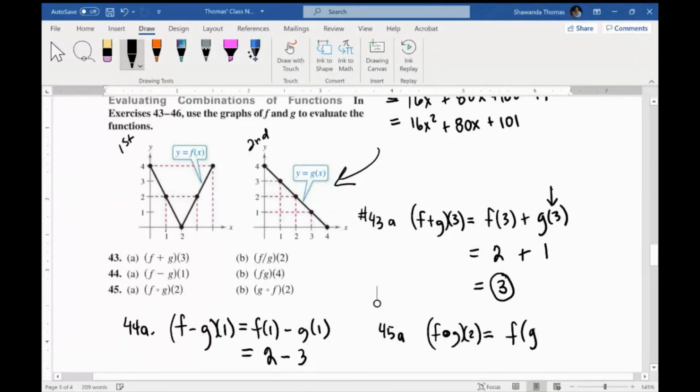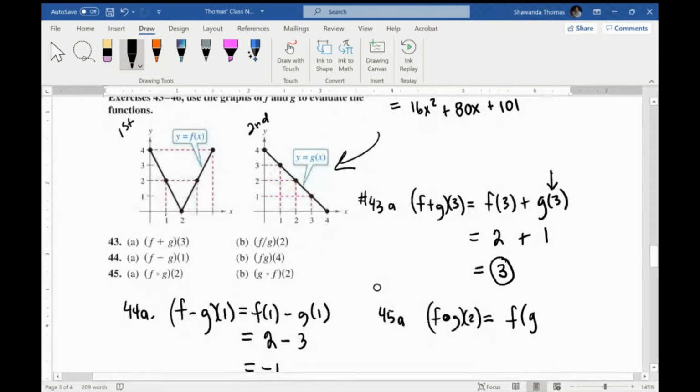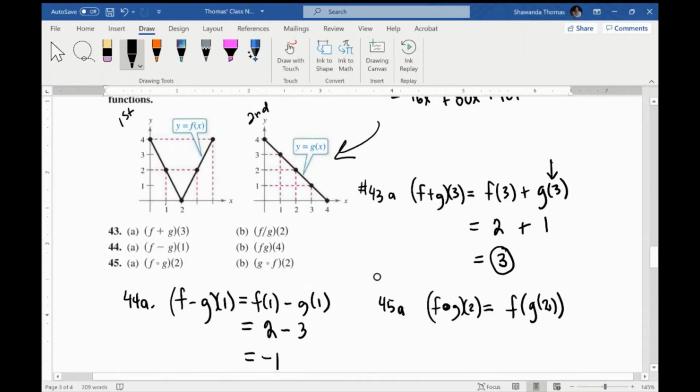G. Somebody said G. Oh, G. Then parentheses. Would it be 2? Correct. So instead of basically whatever the X was, you're just replacing it with a 2.